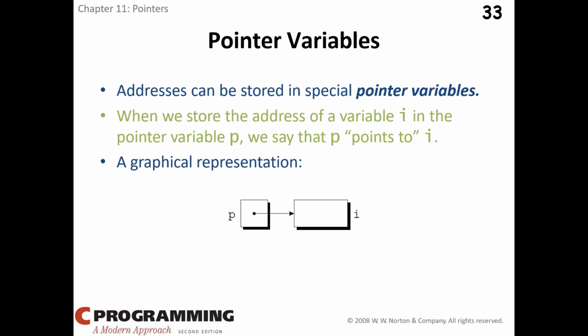To illustrate this visually, imagine I as a box in memory, and P as an arrow pointing to the address of I. In this graphical representation, P serves as a reference to the location of I in memory. By using pointers, we can indirectly access and manipulate data stored in memory, allowing for more dynamic and versatile programming approaches.